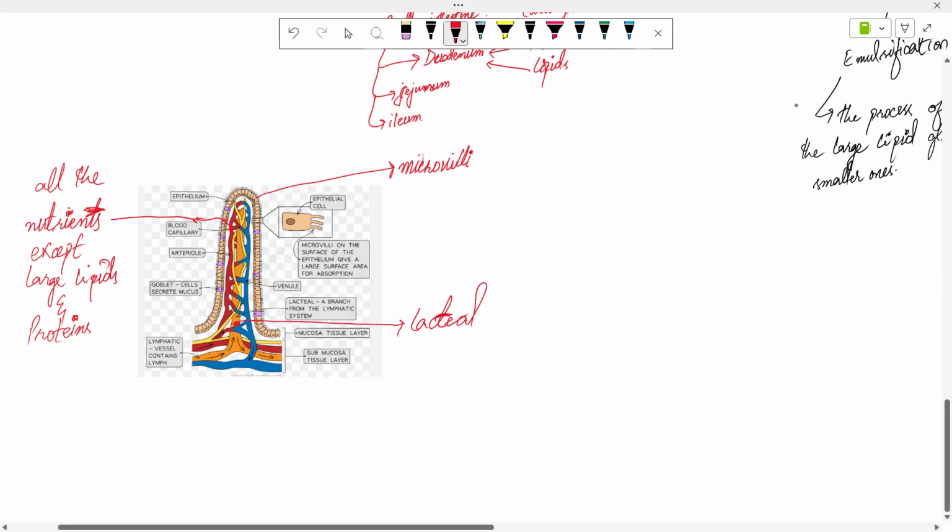Then this lacteal is part of lymphatic system, and this lymphatic system drains all these nutrients into the blood via subclavian vein.